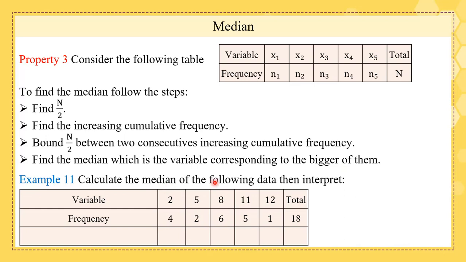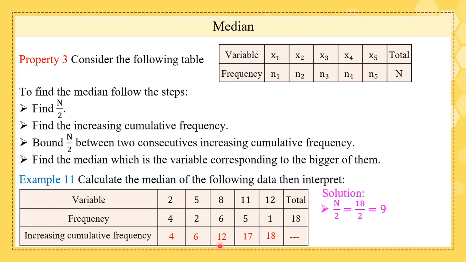Example, calculate the median of the following data, then interpret. Solution. First, we find the increasing cumulative frequency. Then we find n over 2, which is equal to 9. We find 9 here in the increasing cumulative frequency. 9 is between 6 and 12.